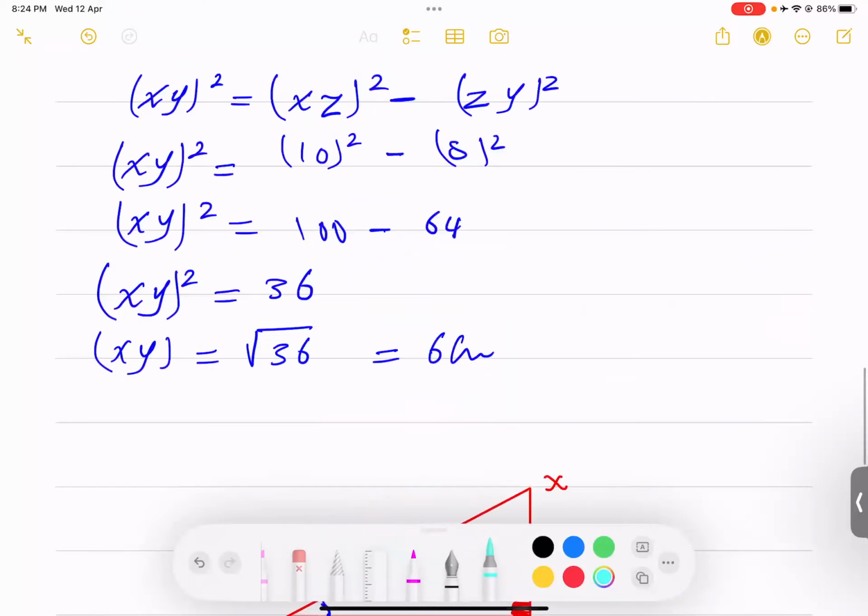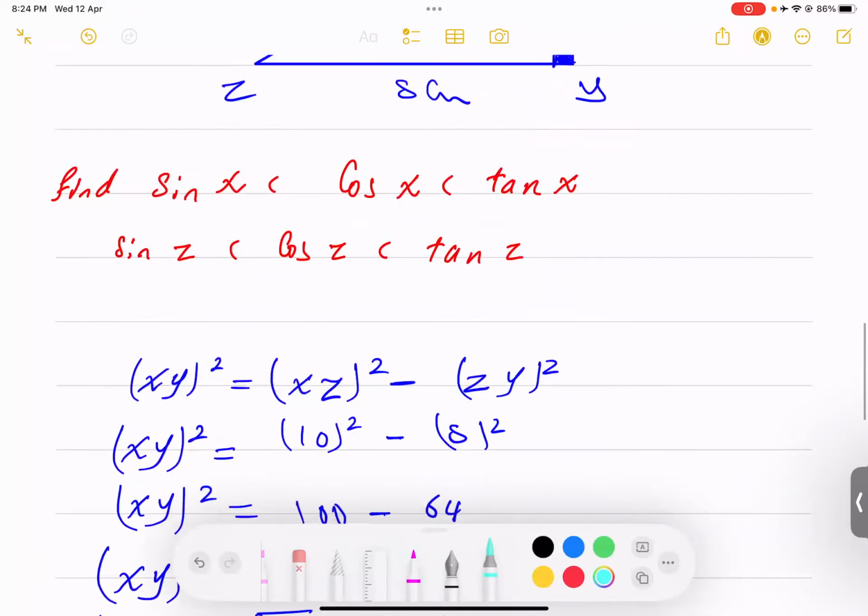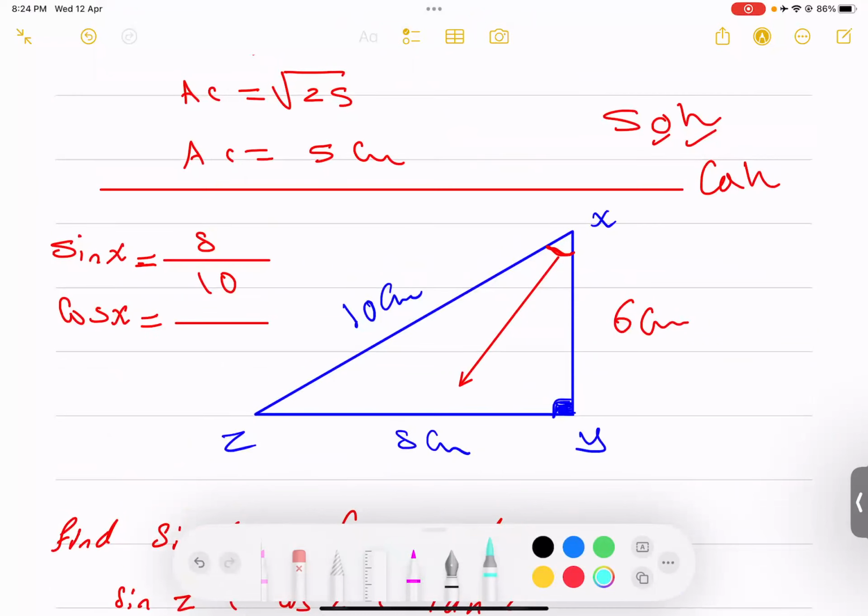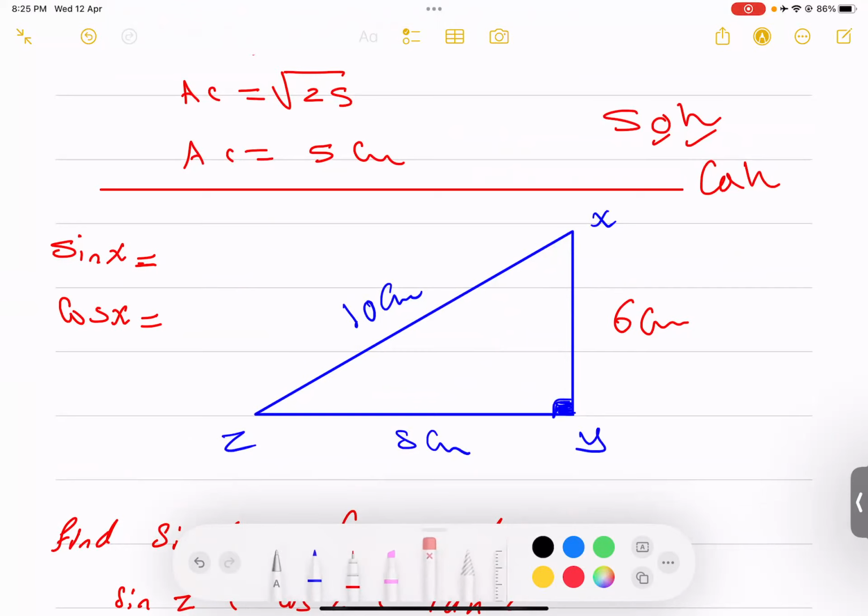So let me return back to this one. Let me do it again. Right now, I want you to do it on your own. Now it's your turn to tell me how could I get the sine of x? Sine of x. Okay. The first thing we will do is, remember, opposite over hypotenuse.